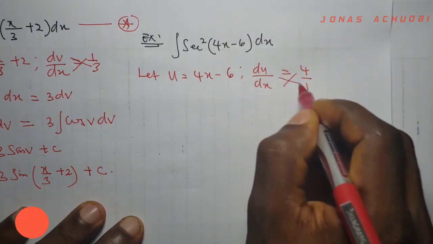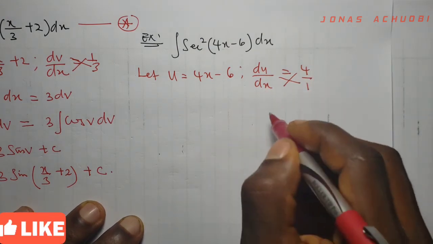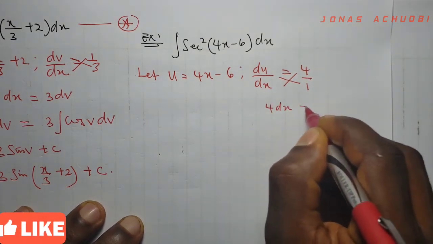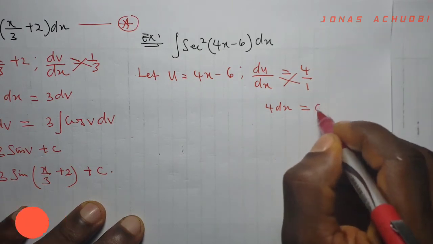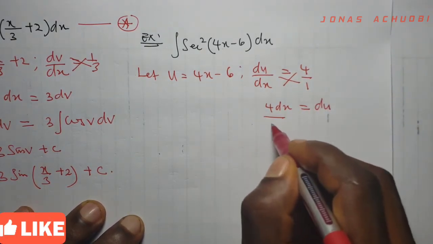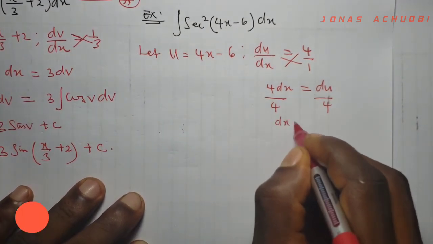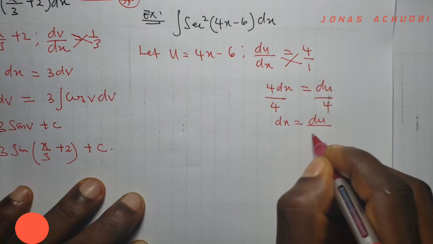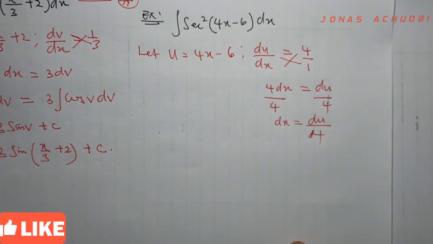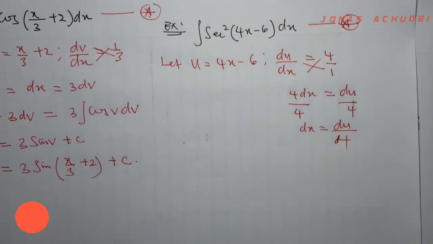So we now make x the subject of the equation again. We have dx times 4 is 4 dx, equal to du times 1, which is du. To make dx stand alone, we divide both sides by 4, so we have dx equal to du over 4.